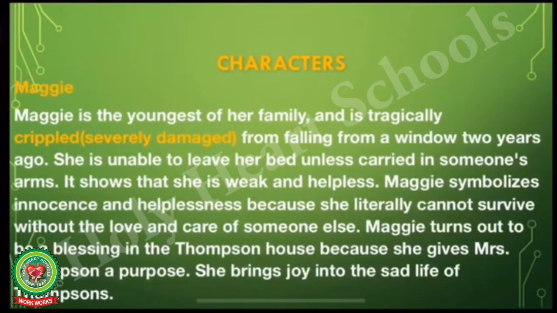And like any other human being, she cannot survive without the love and care of someone else. Mrs. Thompson was living without purpose and was very sad, but Maggie turns out to be a blessing in the Thompson house and gives her a purpose, and that is to love a child like Maggie.